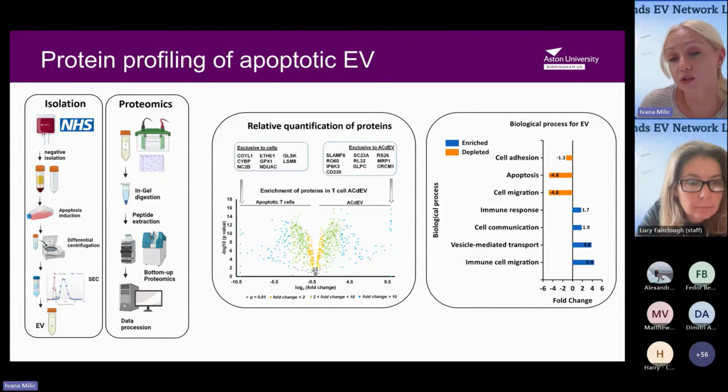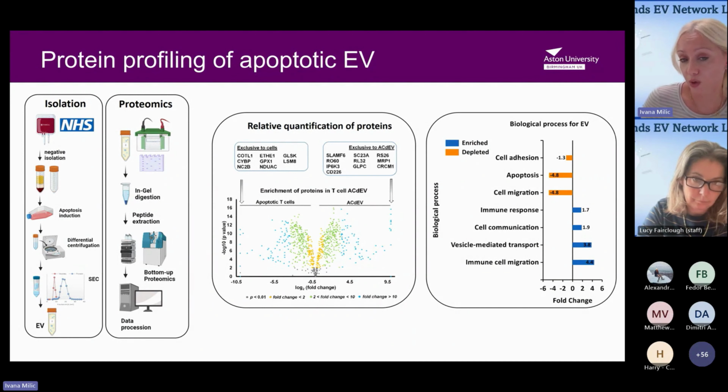We committed these cells to apoptosis, and we have collected EVs 18 hours from the apoptosis onset. If we look roughly at the data, we can see that EVs are specifically enriched in a group of proteins as compared to the apoptotic T cells. So there is definitely preferential packaging of proteins in EVs as compared to the T cells.